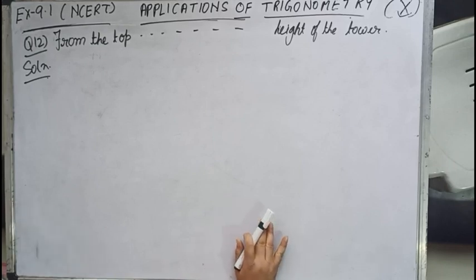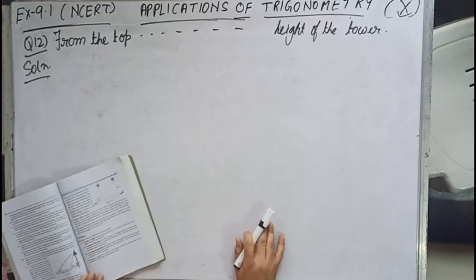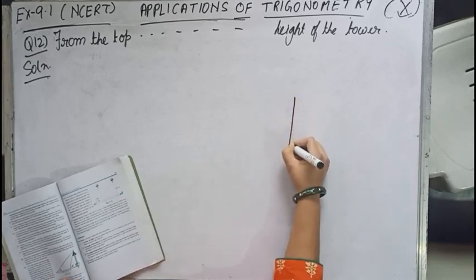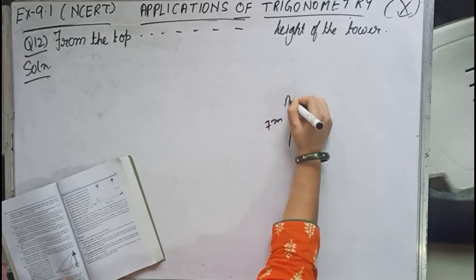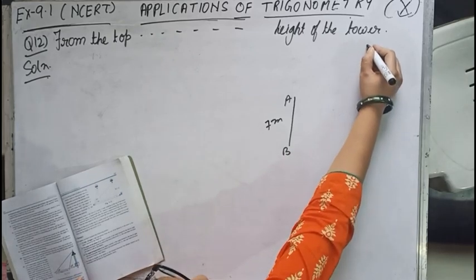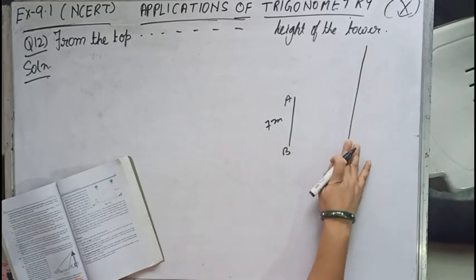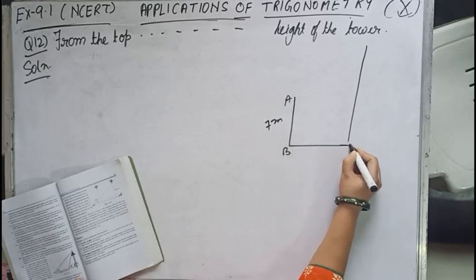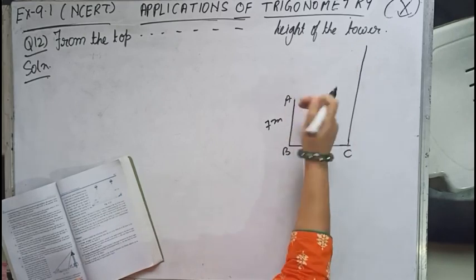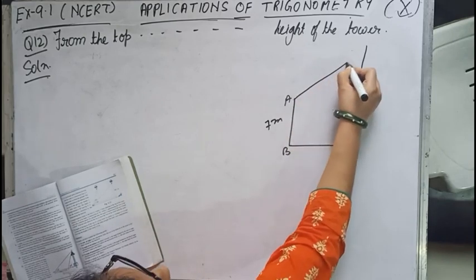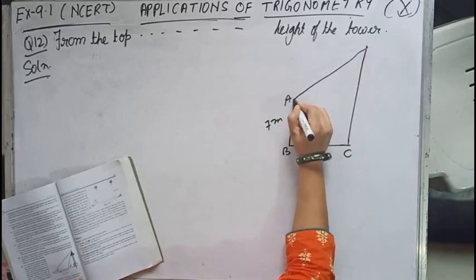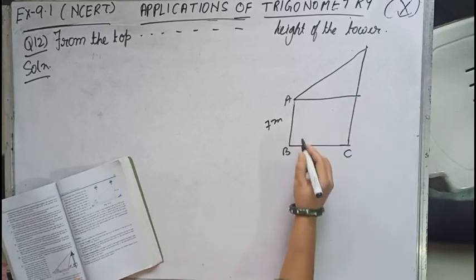Question number 12 says that from the top of a 7 meter high building, let us make a building whose height is 7 meter, let us name it. The angle of elevation of the top of a cable tower, so cable tower, horizontal level, this one is C. Now from the top of the building, the angle of elevation of the top of the cable tower is 60 degree.